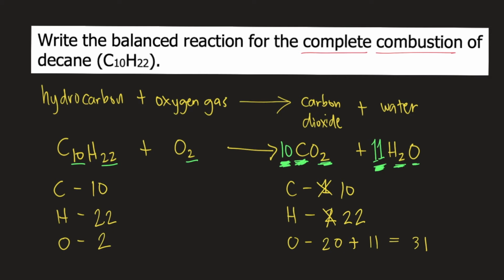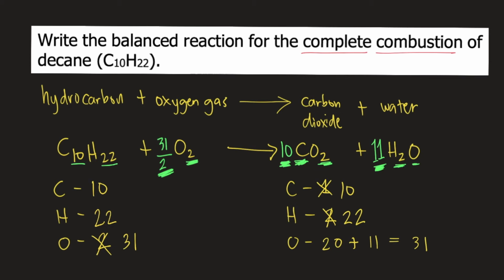So 2 on the left and 31 on the right. So how do we balance oxygen? We put the coefficient 31 over 2 on oxygen gas, because 31 over 2 times 2 is equal to 31.